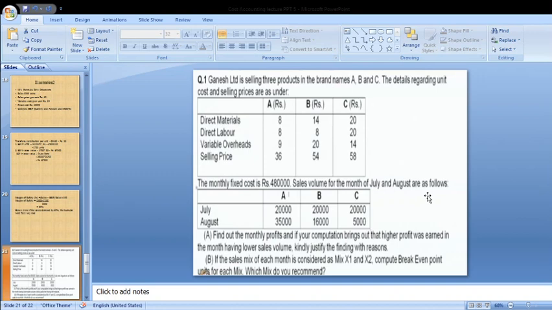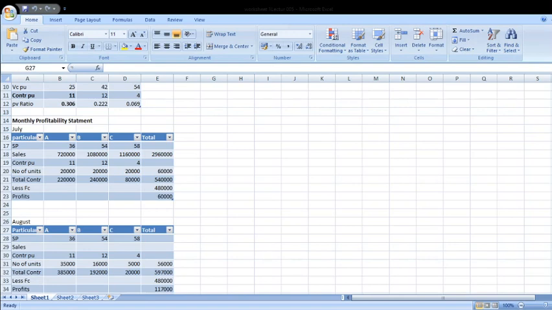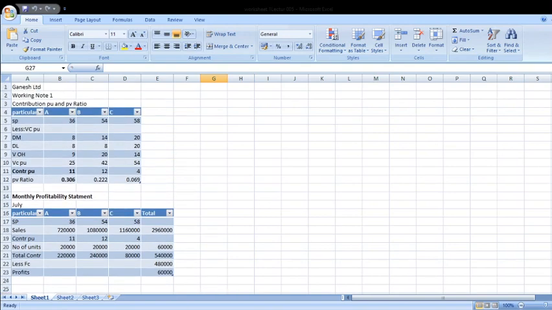Okay. So I am trying to show it in Excel, but you try to do it in your own notebook. Firstly, make a statement of contribution and PV ratio.